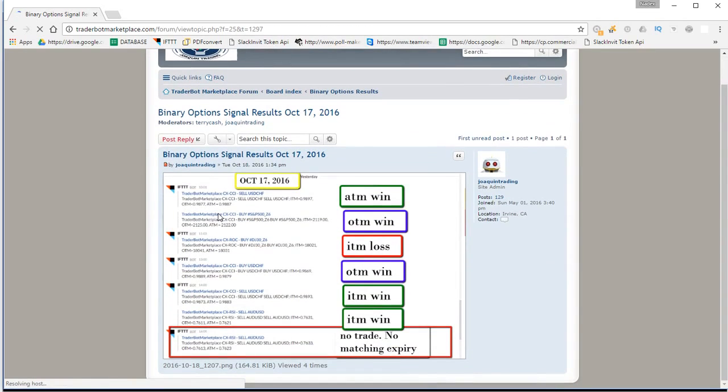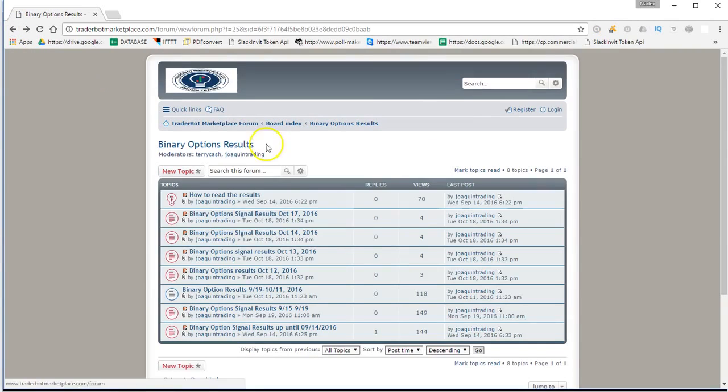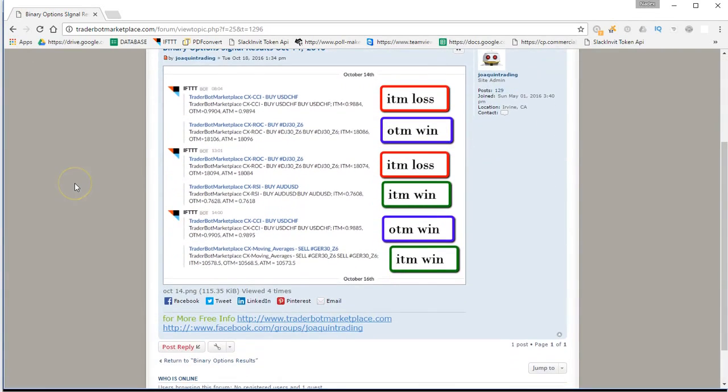Yesterday, here were the results. We had 2 OTM wins, a bunch of ITM wins, and 1 ITM loss. But the only ones that we're focused on are these 2 right here. So let's go to the day before that. Here are the wins and losses.